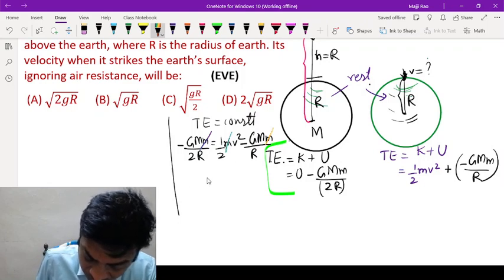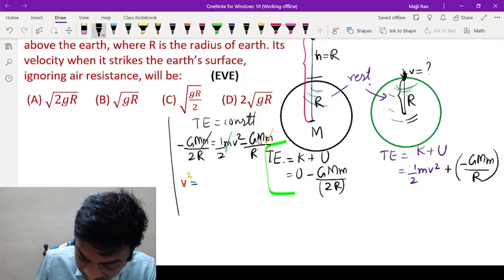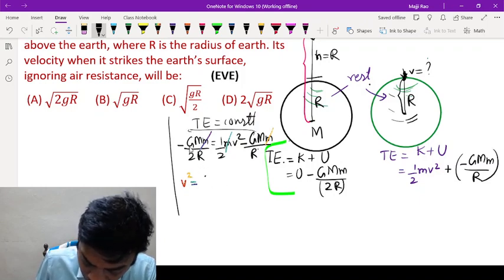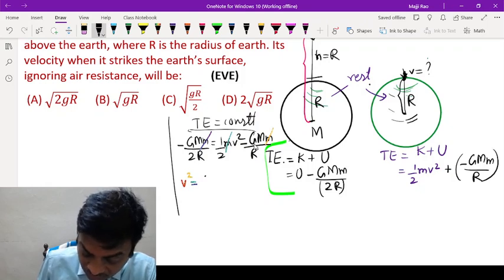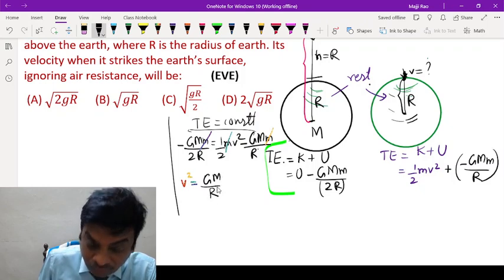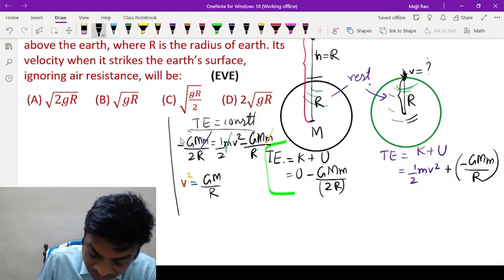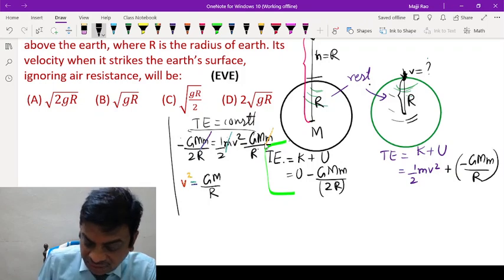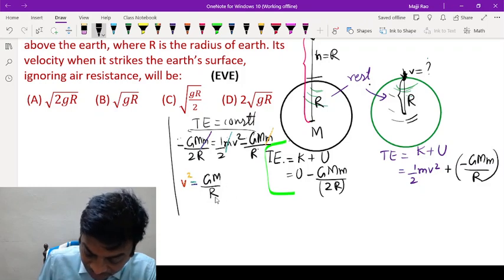Then multiply throughout by 2. Then we are left with v square equal to, when you multiply throughout by 2 and take this to this side, 2GM by r minus GM by r. I hope you understood this. I multiplied by 2 here, 2 got cancelled. Again I multiplied here with 2, 2 got cancelled, and here there is a 2. So this 2 minus 1 is this.